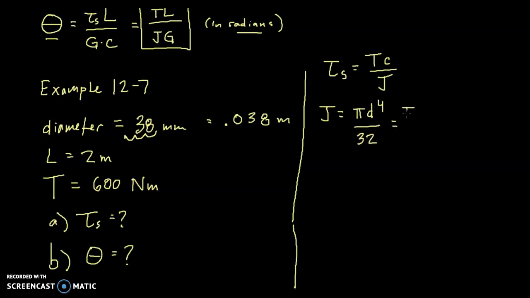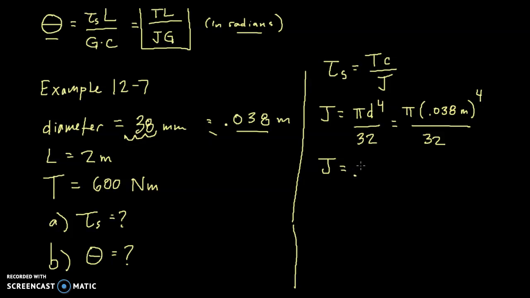So that would be equal to pi times our diameter, 0.038 meters, to the fourth. We're going to divide that by 32. So the polar moment of inertia, J, is going to be equal to, let's see, this is a lot of zeros.